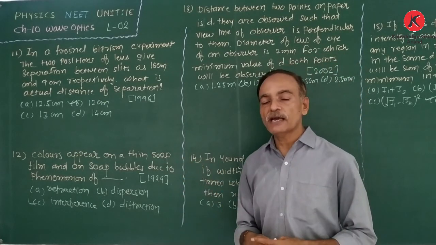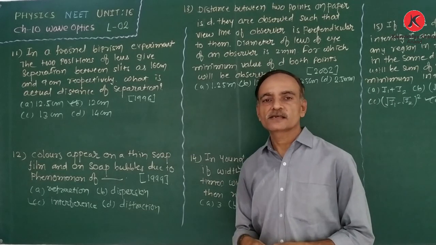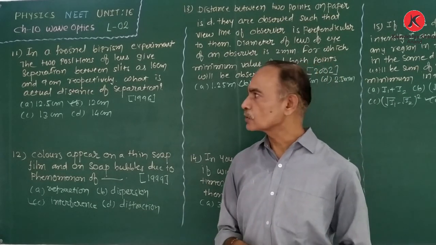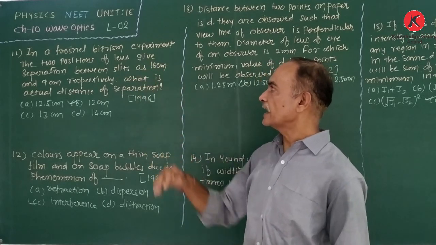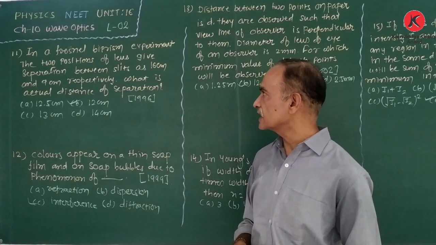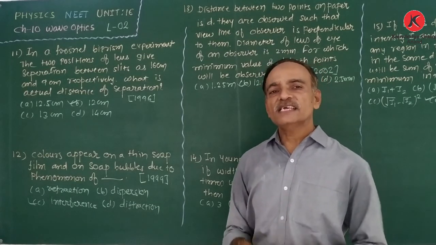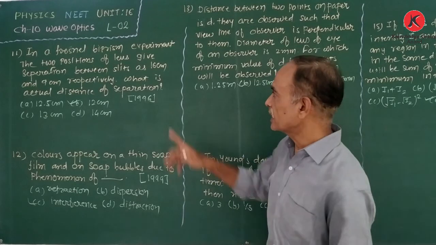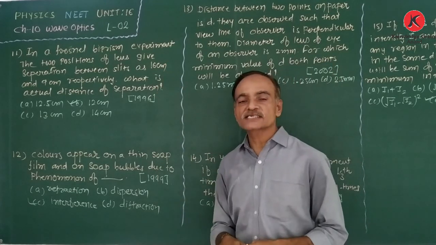While in Fresnel biprism, here generally the lens is not used, but the two positions of the lens give the separation between the slits as you keep the lens at two different positions from the slit. One is 16 cm, the second is 9 cm.